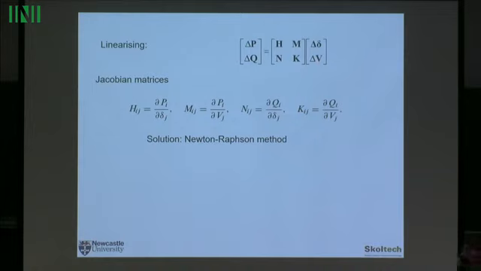You can get a simplified form of that, so-called decoupled load flow, because remember, real power flow is driven by the angle differences, while reactive power is driven by the voltage differences. So we may neglect off-diagonal terms over here, M and N. And so rather than having one complex combined equation, we have 2 separate equations. Delta P is equal to H multiplied by delta delta, and delta Q is equal to K multiplied by delta V.